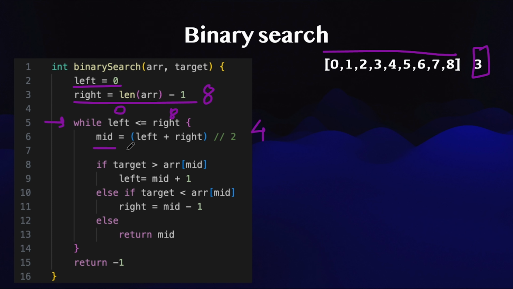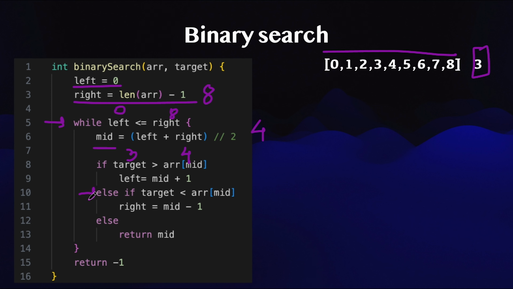Now we compare our target 3 to the value at the midpoint 4. Right, and we are checking. The target is less, so we are going here.